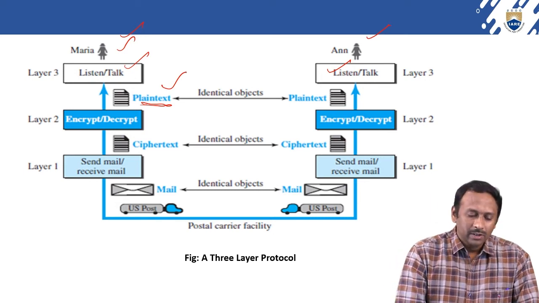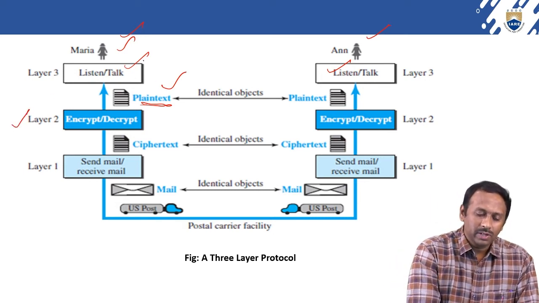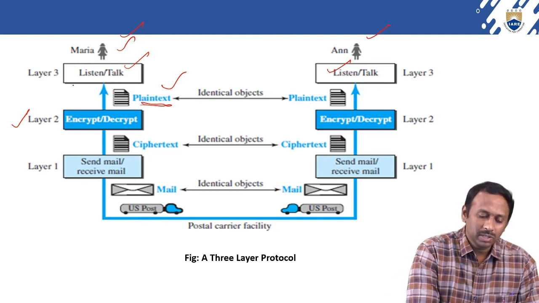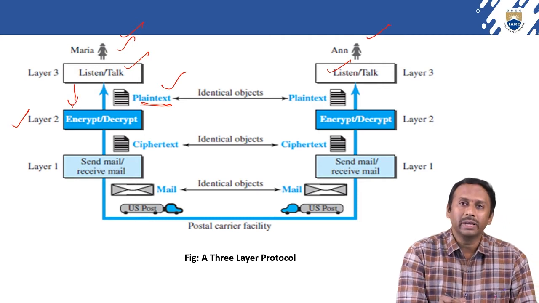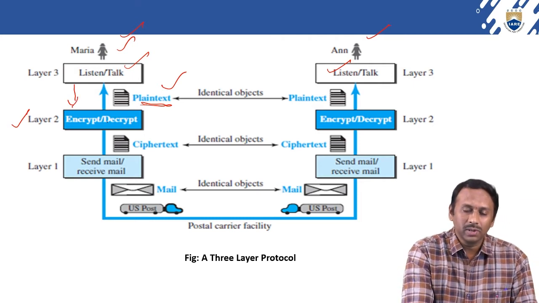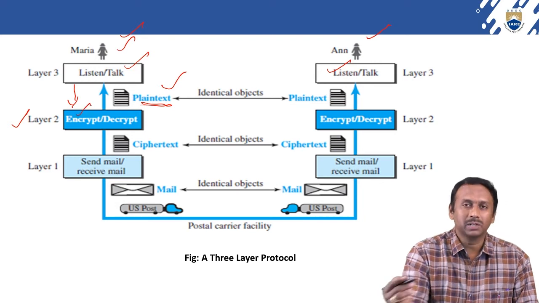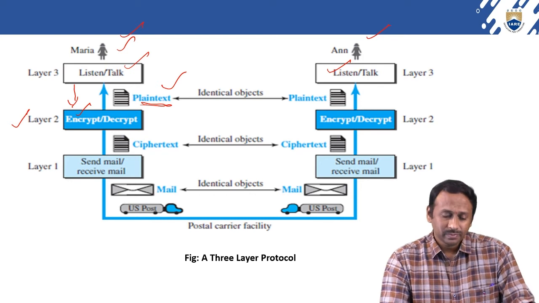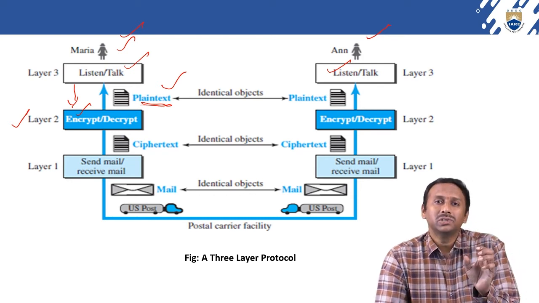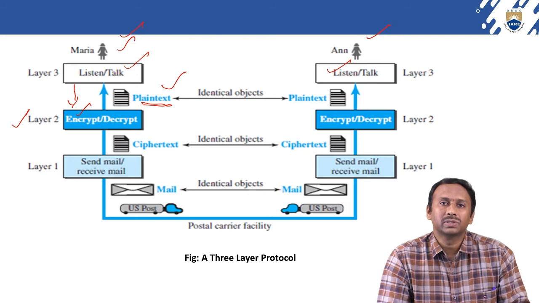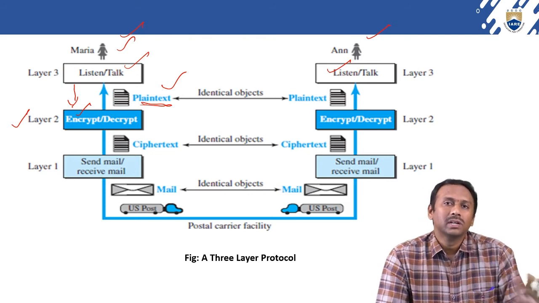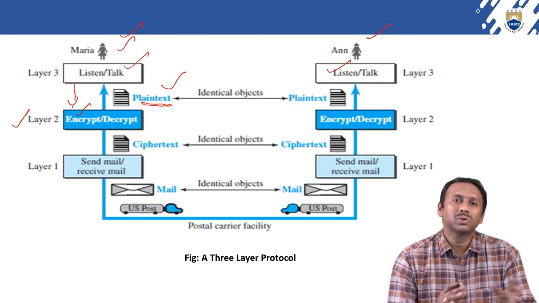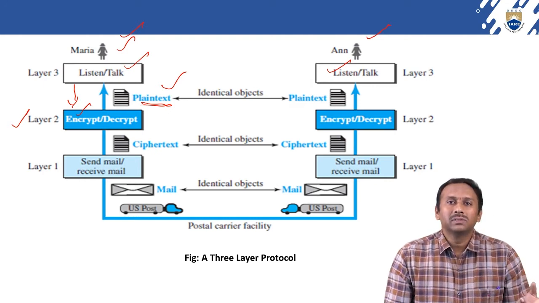In the second layer, whenever they are going to talk or send a letter, it goes from layer 3 to layer 2. When it reaches layer 2, what happens? Encryption. When encryption starts, the English letter that Maria types is converted into symbols, numerics and the like, a combination of letters, numbers and symbols.